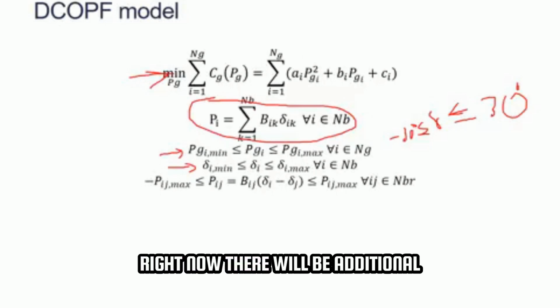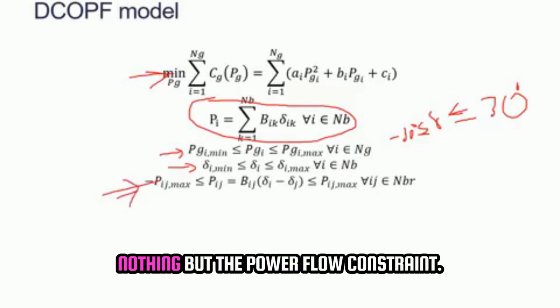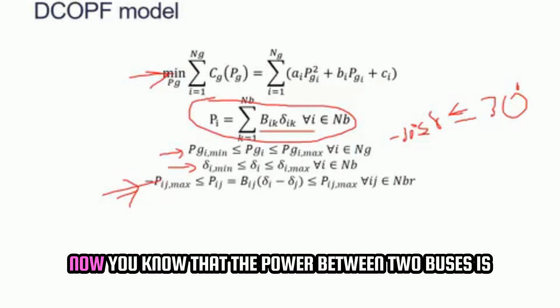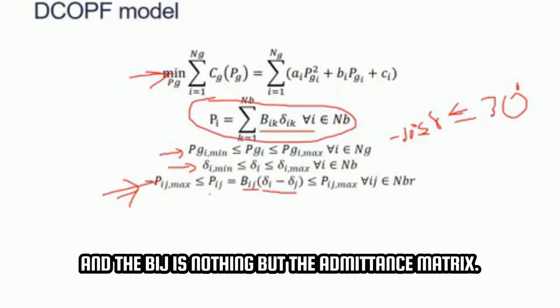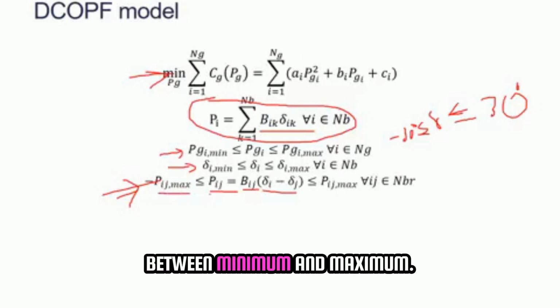Right, now there will be an additional equation. The major reason for doing all this was this constraint, which is nothing but the power flow constraint. If we have formulated this equation, now you know that the power between two buses is based on this angle delta i minus delta j, and Bij is nothing but the admittance matrix, and this will give you the power flow Pij, and this power flow should remain between minimum and maximum.